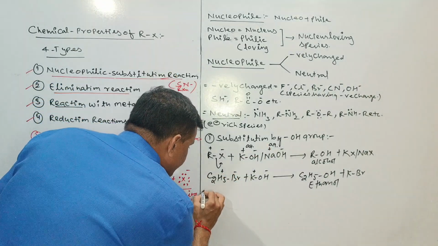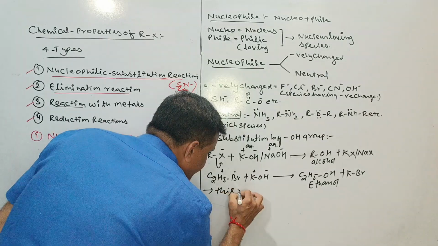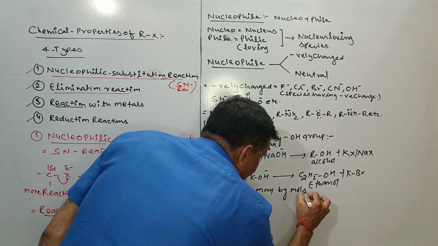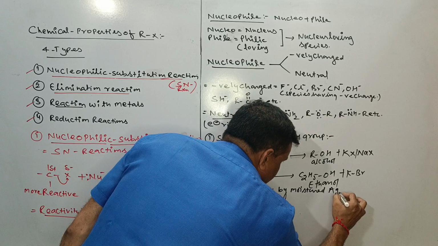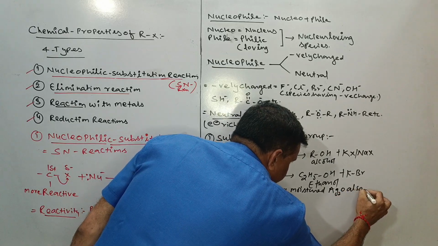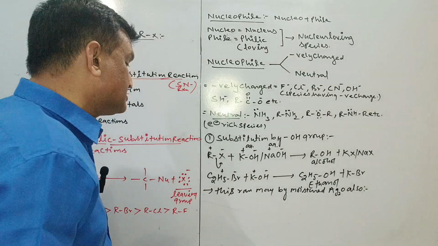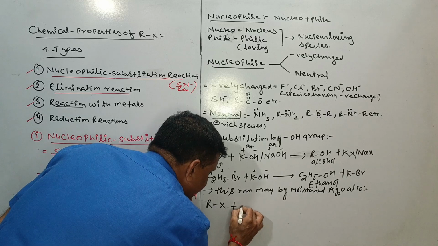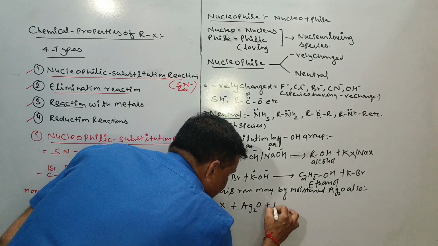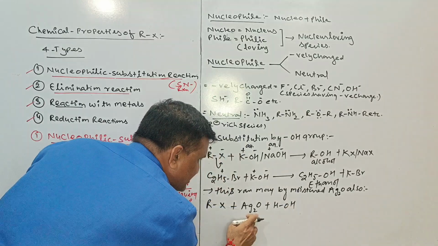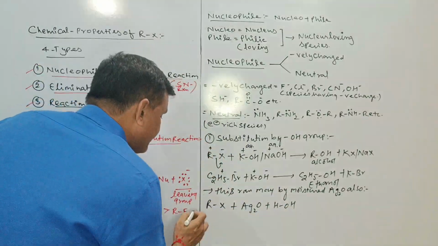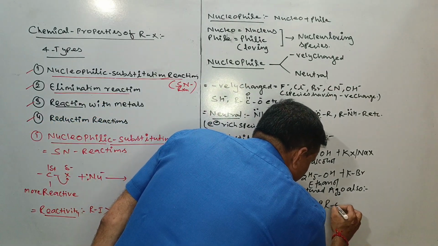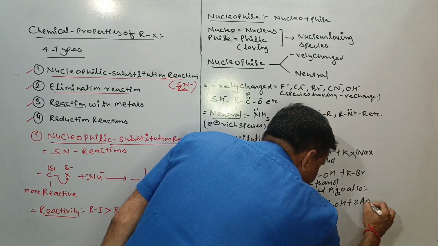This reaction may also be done with moistured Ag2O. What is the meaning of moistured Ag2O? This is the RX, this is the Ag2O. Moistured means water is added, so Ag2O reacts with H2O to form AgOH. Here there are two molecules, so there will be formation of 2 ROH alcohol plus 2 AgX.